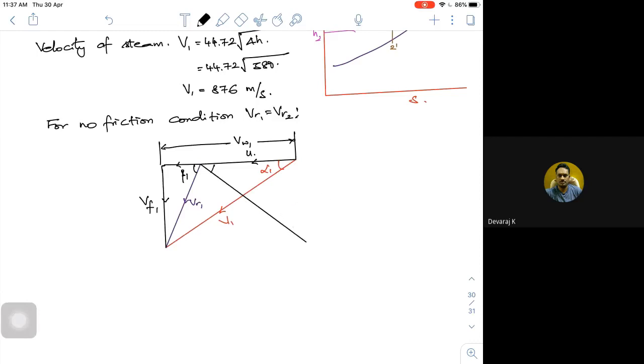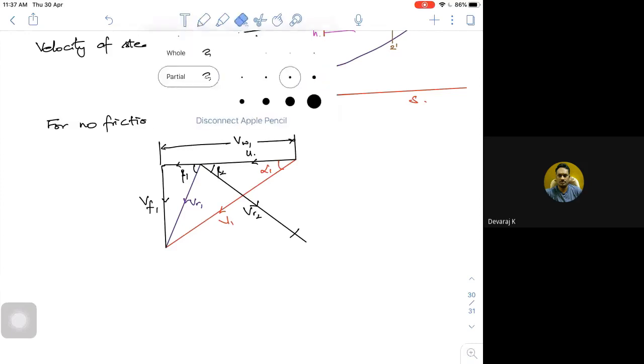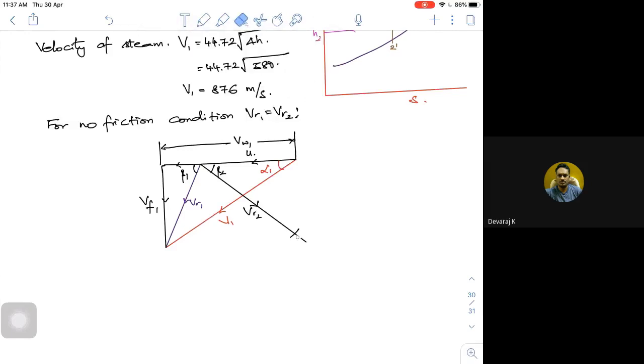And I will cut it with the corresponding. So VR1 is equal to VR2. So this is my VR2. So wherever it's going to cut, I'll be cutting somewhere here.